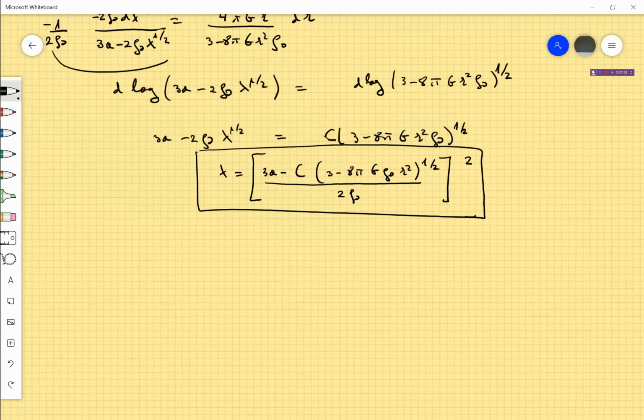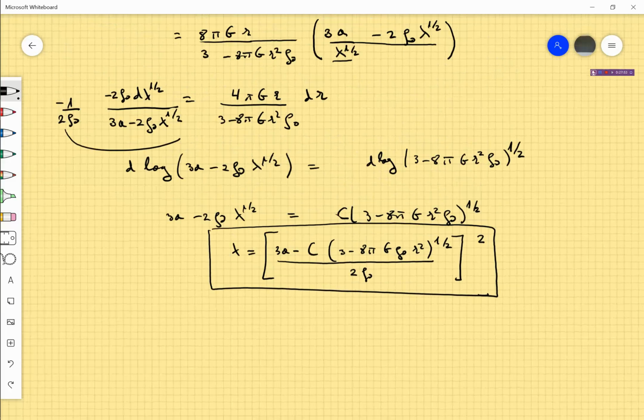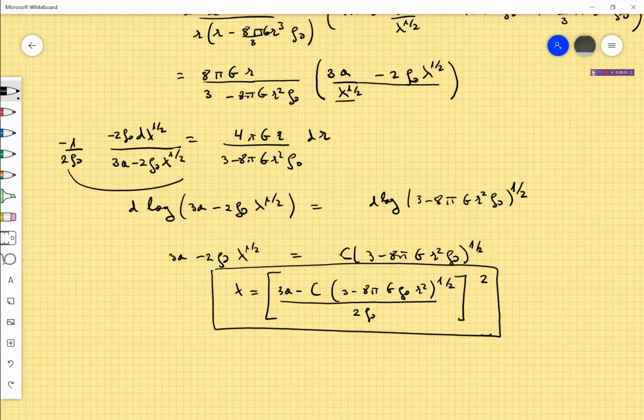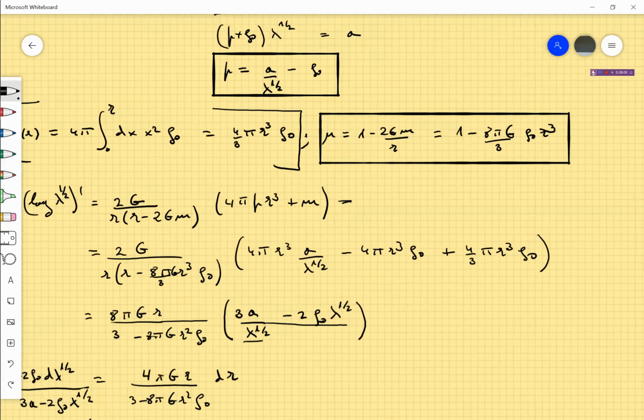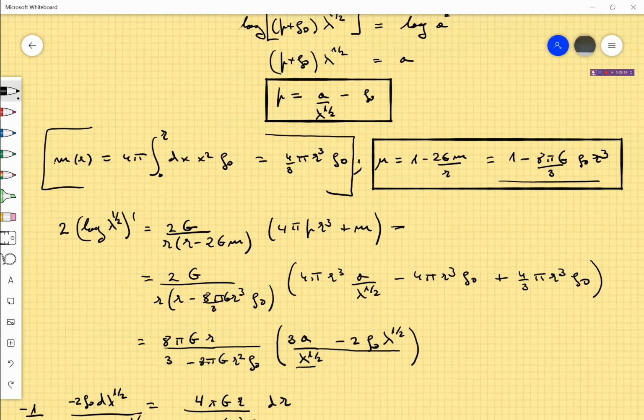So let me summarize. Here we have lambda given in terms of integration constants, the Newton constant, the constant density, and nothing else. The rest are functions. Then we have mu, again given here by the density and g.